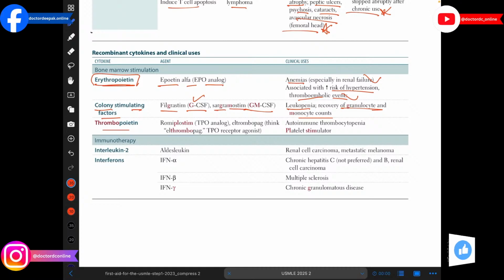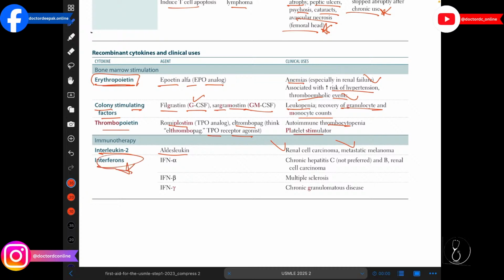Thrombopoietin agents are used in autoimmune thrombocytopenia as platelet stimulators, most commonly romiplostim and eltrombopag, which are TPO receptor agonists. For immunotherapy, we use interleukin-2, named aldesleukin, used in renal cell carcinoma and metastatic melanoma.